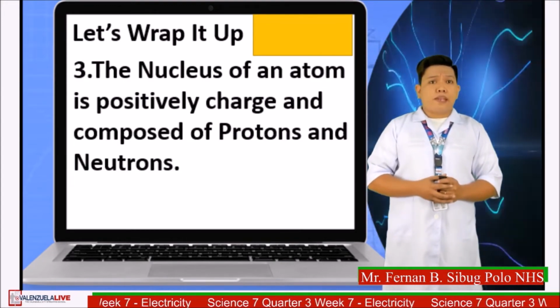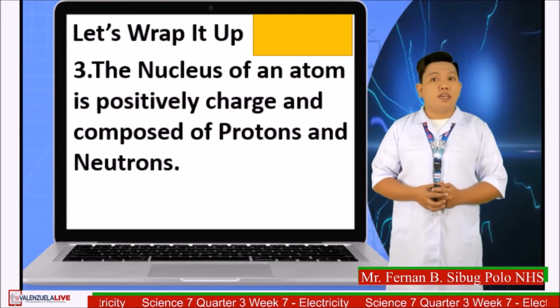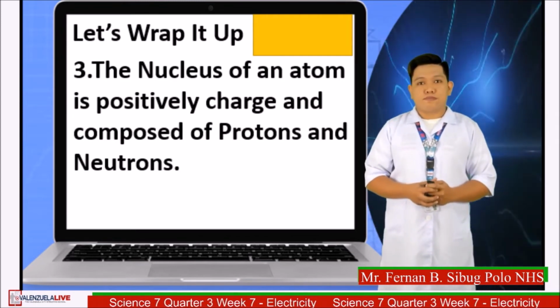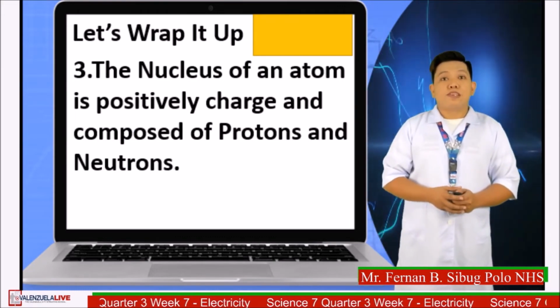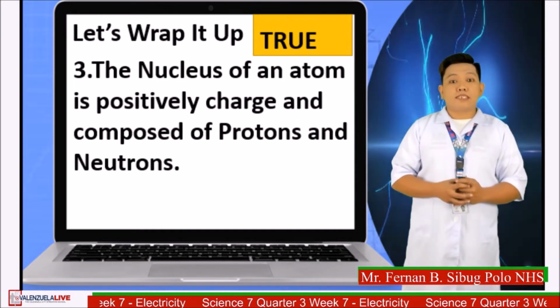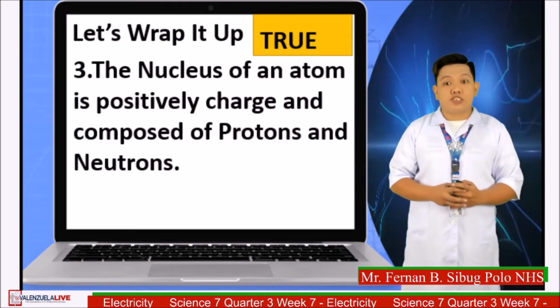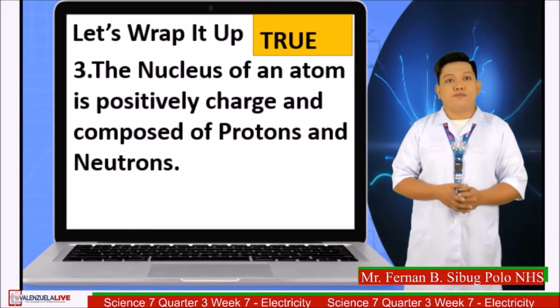The nucleus of an atom is positively charged and composed of protons and neutrons. The correct answer is true. Since proton is positive and neutron has no charge, hence the nucleus possesses a positive charge.